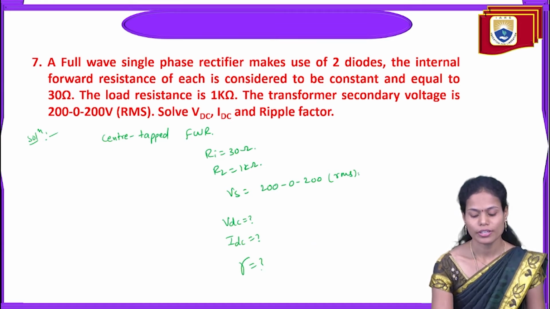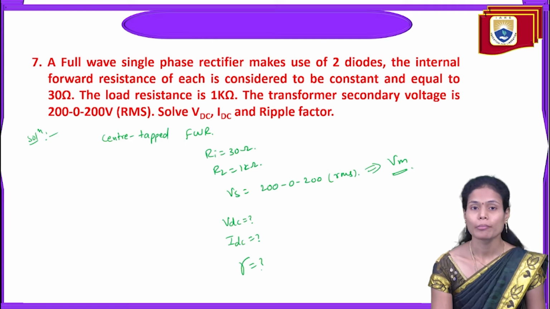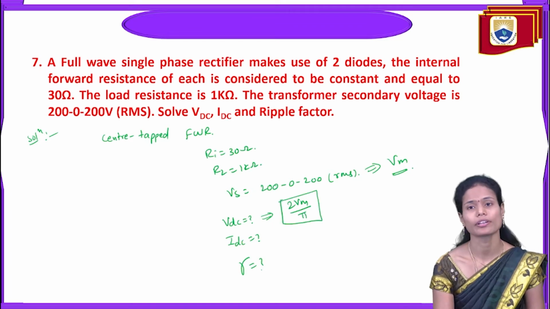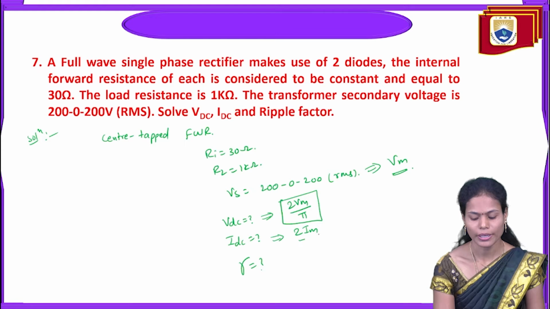From this secondary voltage we need to calculate the maximum input voltage provided for the center tapped rectifier. Once we know Vm, we can calculate the VDC value, that is 2 Vm by pi. That is the formula to calculate the VDC value. Once we know the VDC value, we can calculate the IDC, or we can also calculate 2 Im by pi.